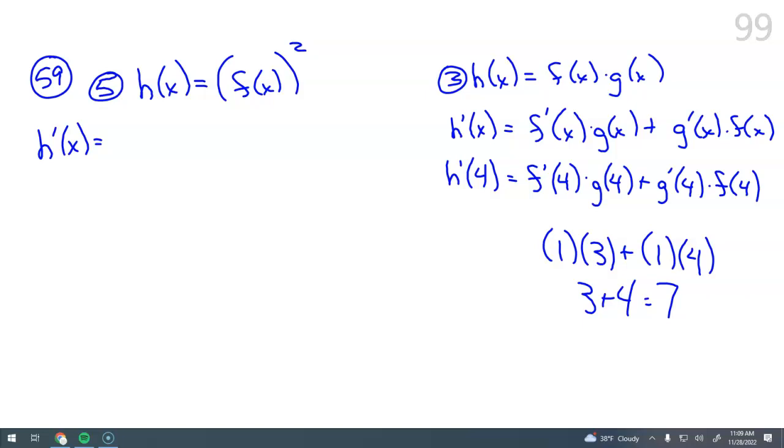So the big guy's the 2, so I take the derivative of the 2. Reduce the power by 1, so it's just a 1. I can write it or not. And then you leave the little guy alone, and we multiply by the derivative of the little guy. That's your chain rule. And then they're asking me for h prime of 1.